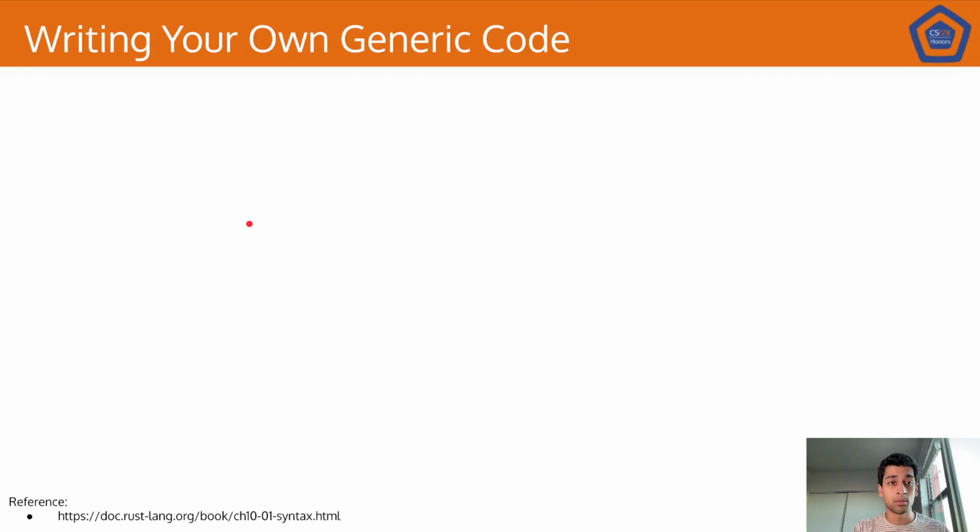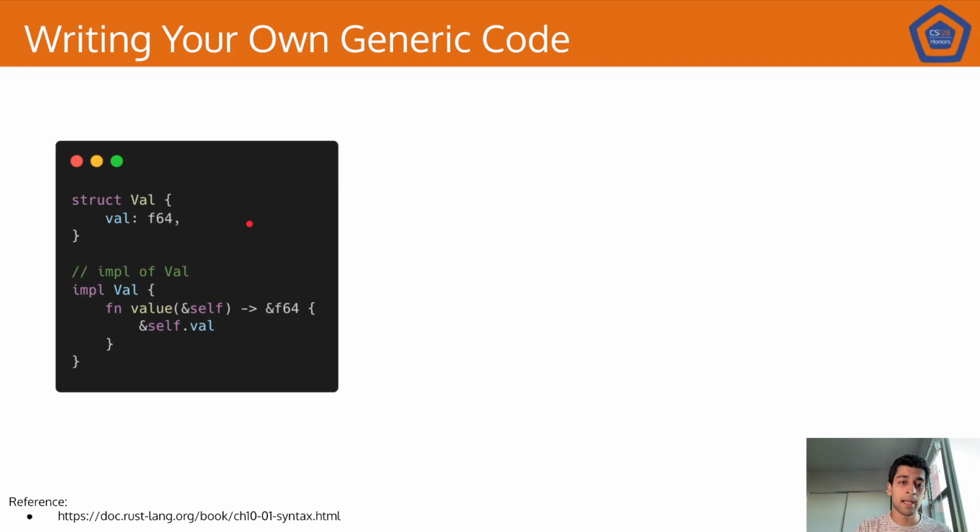Okay, so let's see how to write some generic code. If I have this little dummy data class here, that's Value, and it contains an f64, and I can get some data out of my value, and I want to turn this into a generic, I need to use that angle bracket notation that we've seen before. And I want the underlying data to be generic.